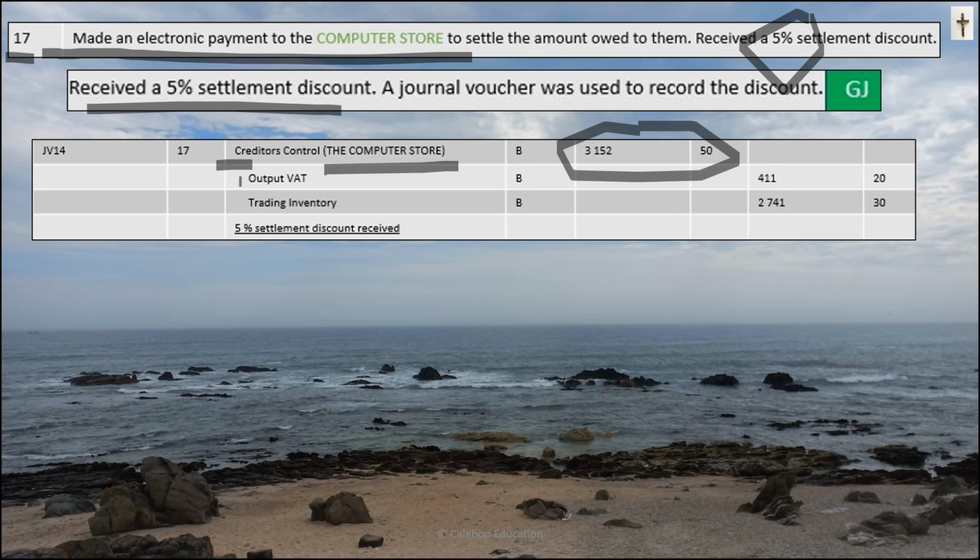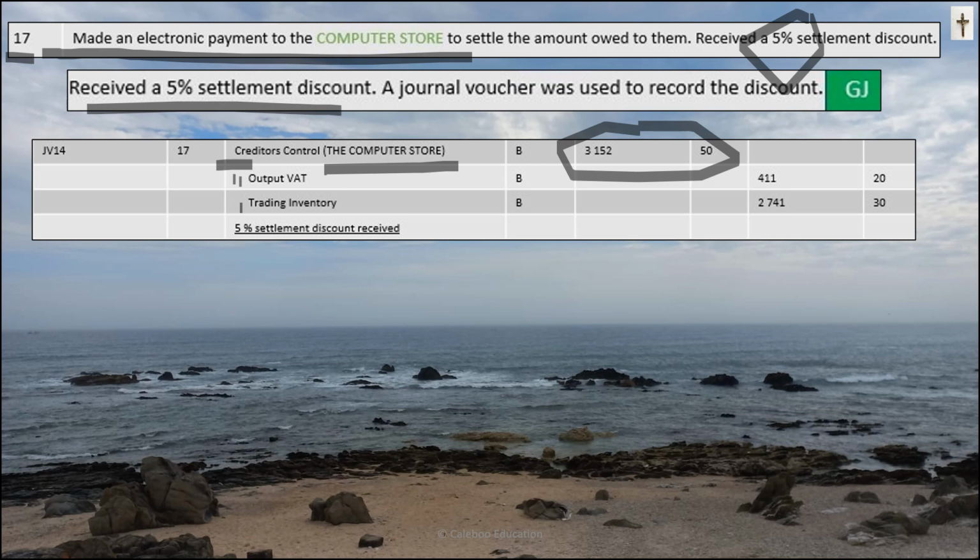So we need to reverse the input VAT by crediting output VAT. And also our stock here is worth less. We didn't pay as much for the stock because we received a discount. So we're going to credit trading inventory, a decrease in assets.